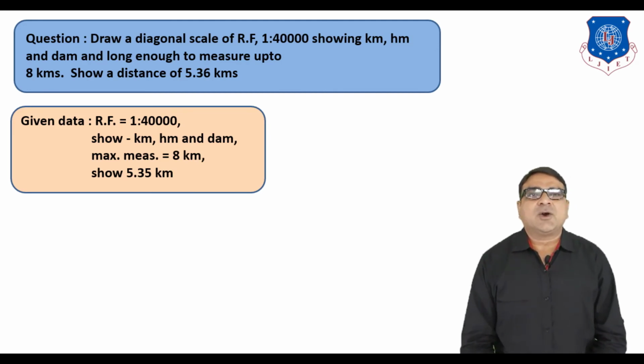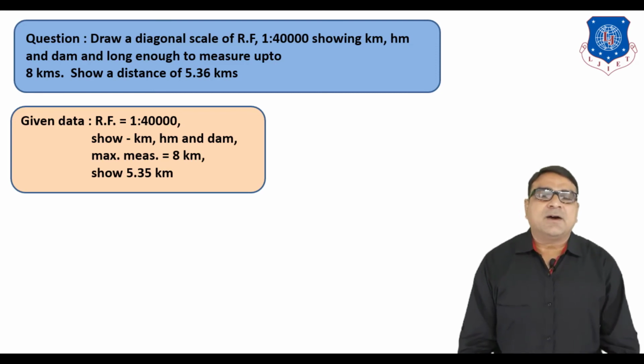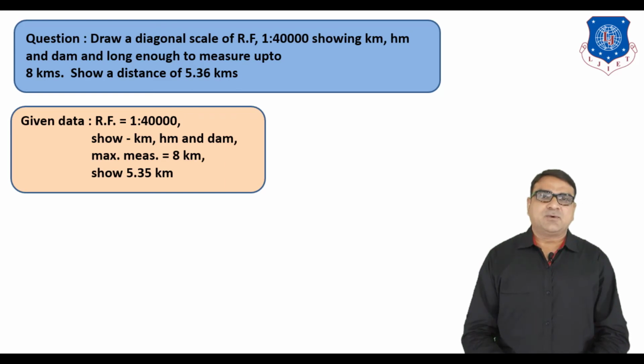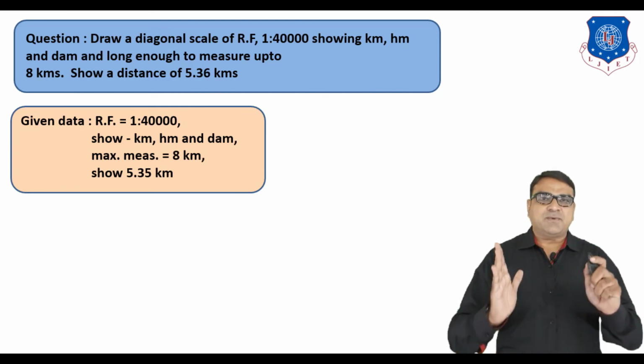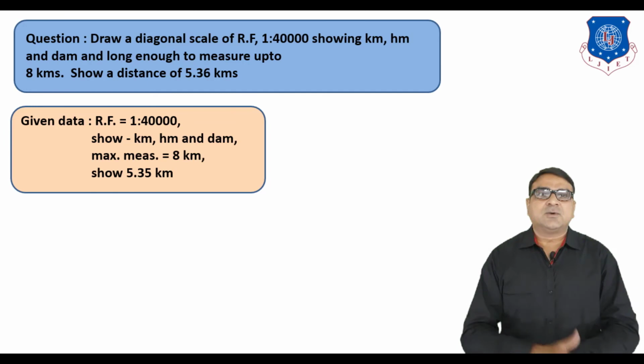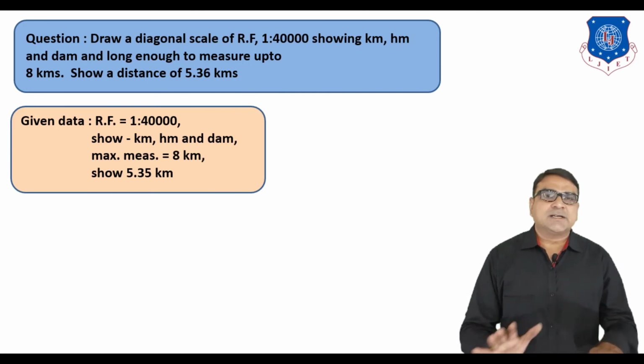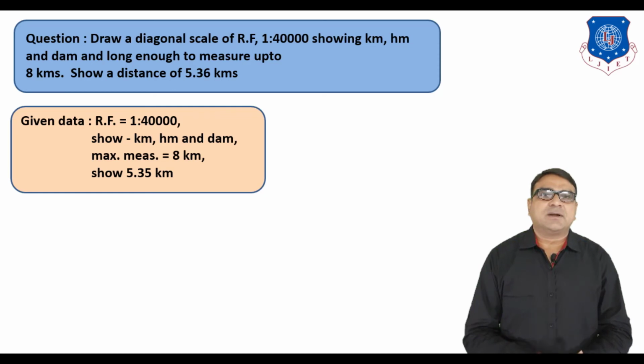Maximum measurement required in the scale is 8 kilometers. After constructing the scale, we have to indicate 5.36 kilometers. 5.36 kilometers means 5 whole kilometers plus 3 hectometers plus 6 decameters. So the total distance is 5.36 kilometers.